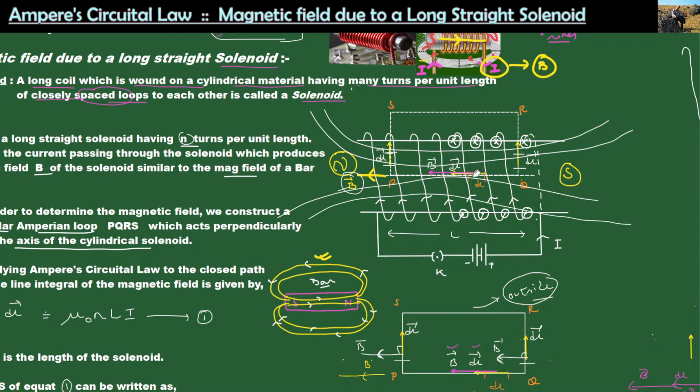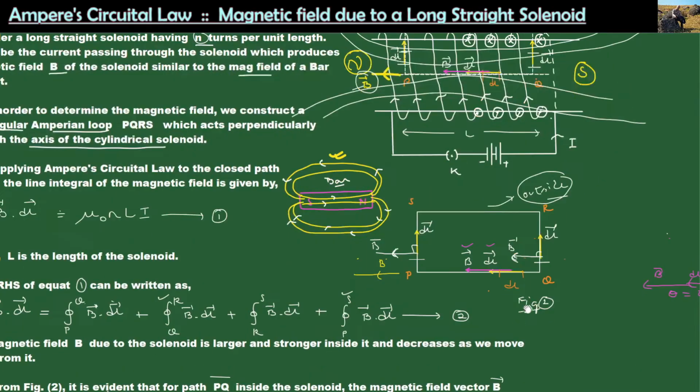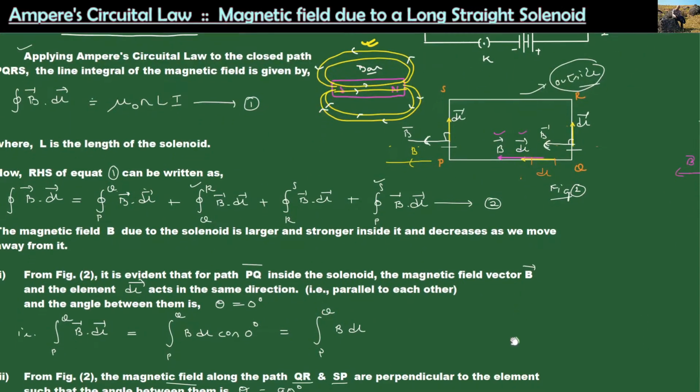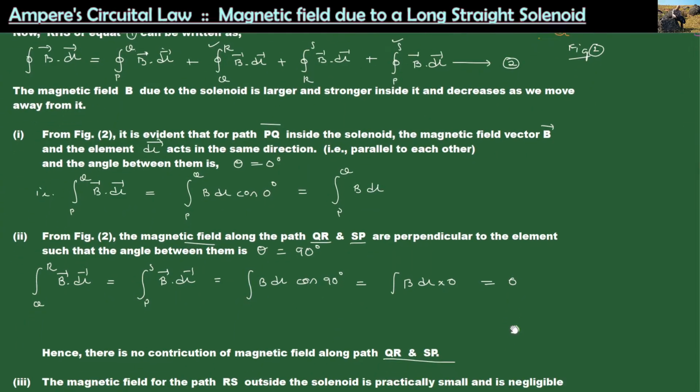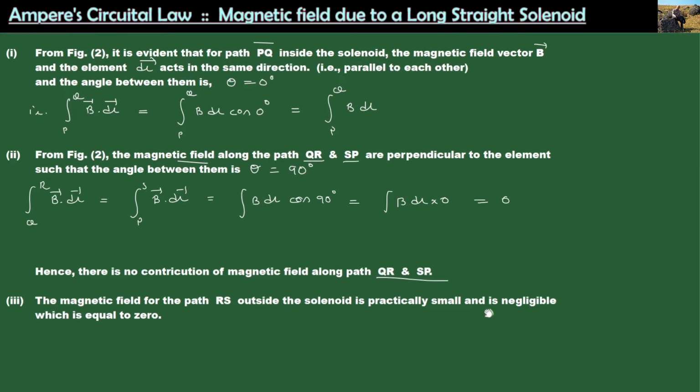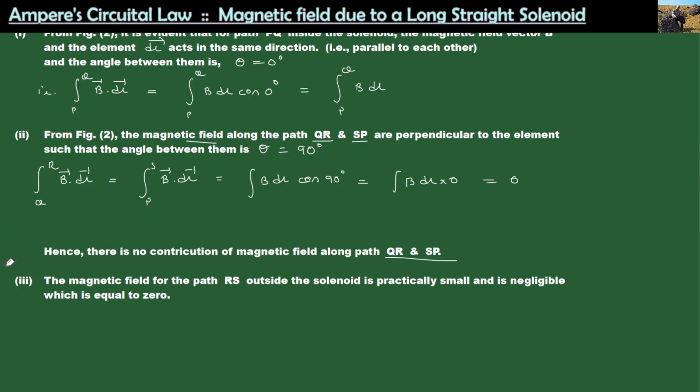But for regions outside, that means for this arm SR of the Amperean loop, the field will be very small or negligibly small, so in physics we can neglect that part. The magnetic field for the arm RS, since it is outside the solenoid, is very small and negligible, so it will be 0.